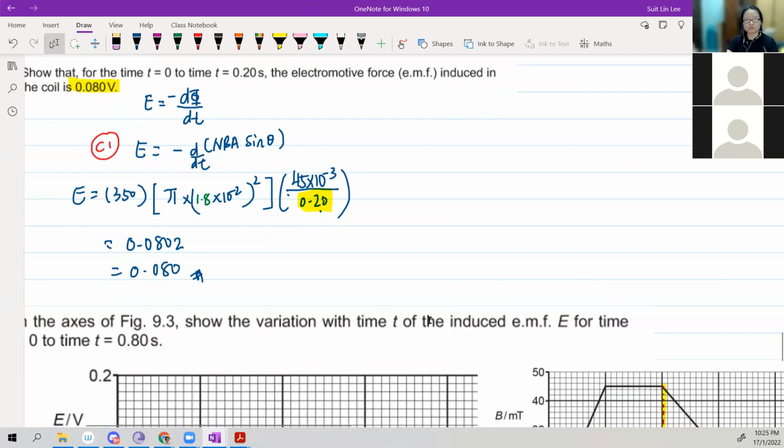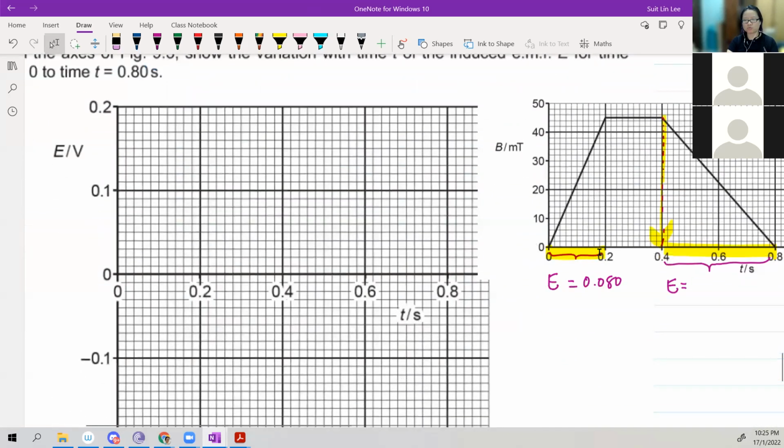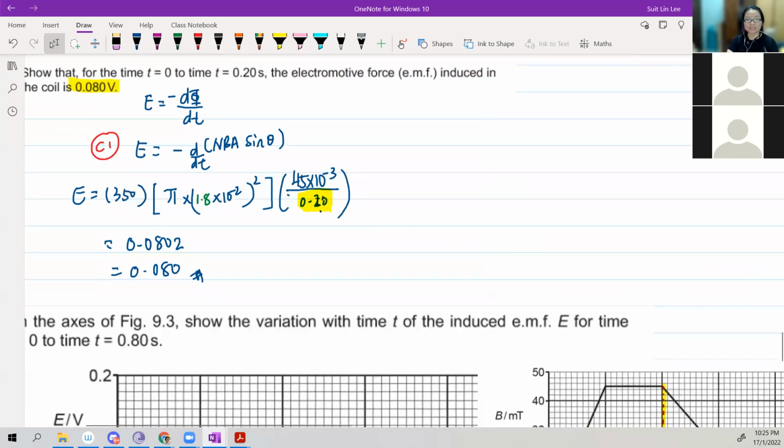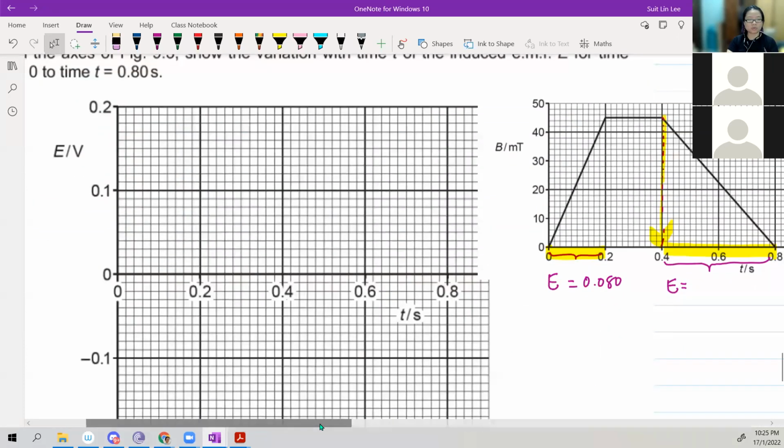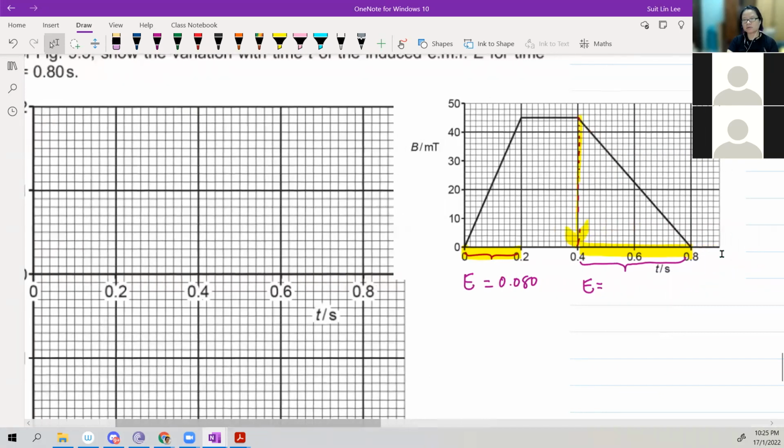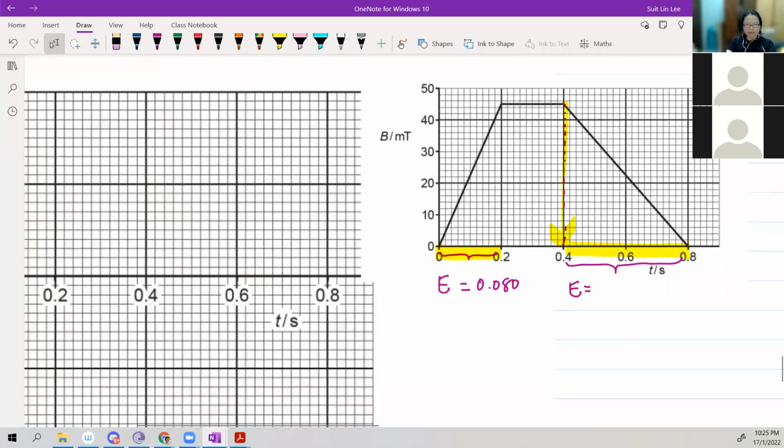This 0.2 is for this 0.2, and I got 0.08 volts. But right now, I double the time. So 0.2 becomes 0.4. Here to here is 0.4. So help me out here. What is this? 0.04. Good call. It would be halved, right? Because it took a longer time. So 0.040. Next part. These two signs same or not same?